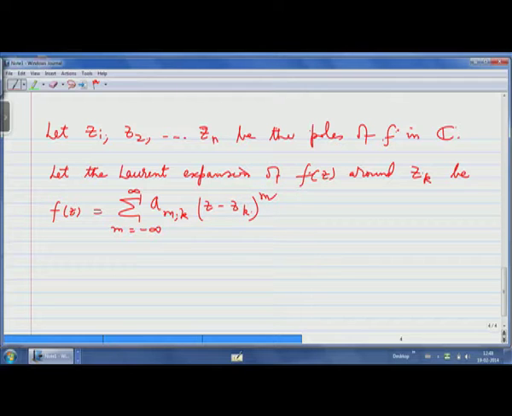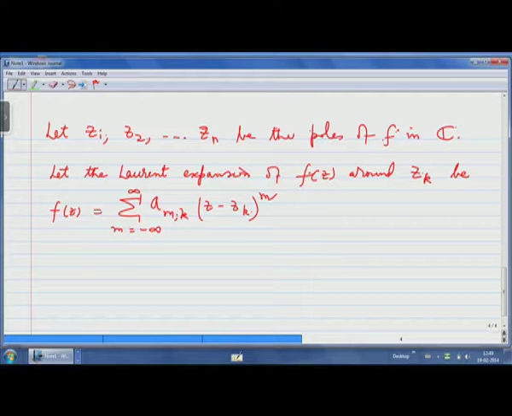This is a Laurent expansion centered at zk, valid in a deleted neighborhood of zk, and of course that will actually be a disk centered at zk, and the radius will be equal to the distance from zk to the nearest of the other zj's.